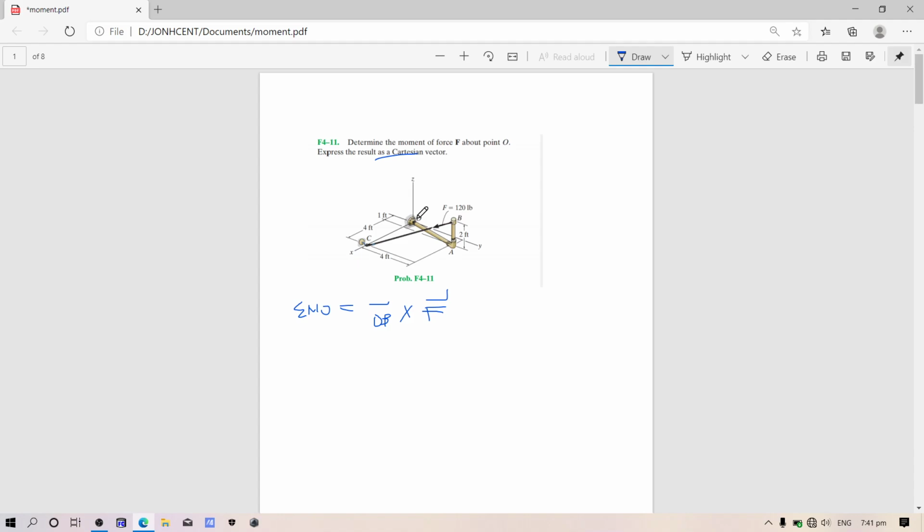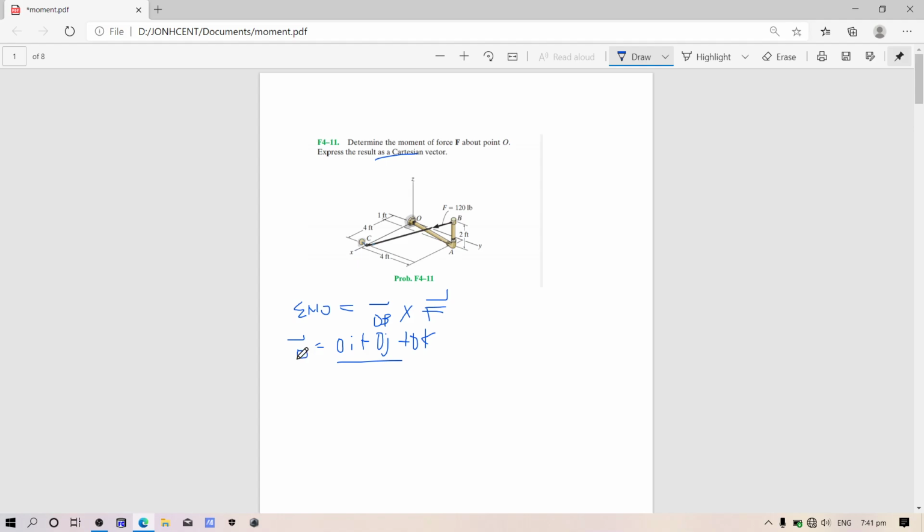So, OB, then F. So, I find the position vector of O as 0i plus 0j plus 0k. So, O, origin kasi siya, kaya ito ang kanyang Cartesian.